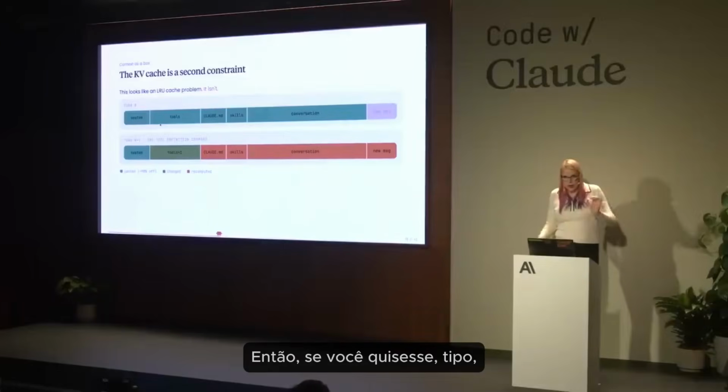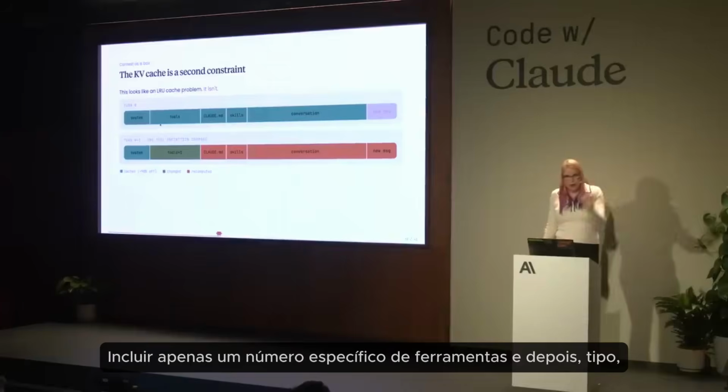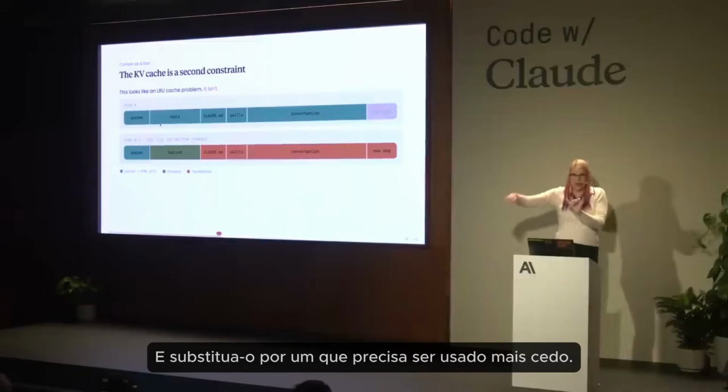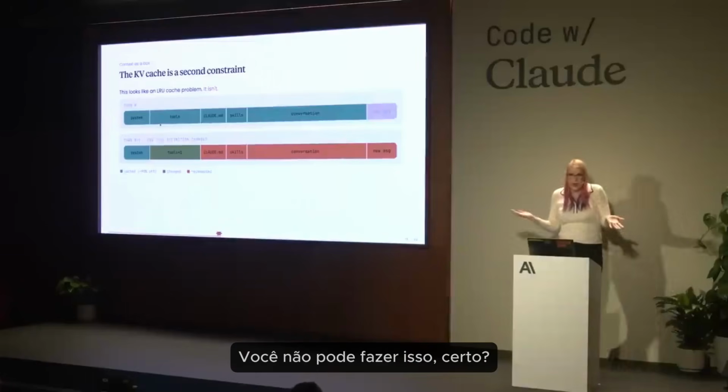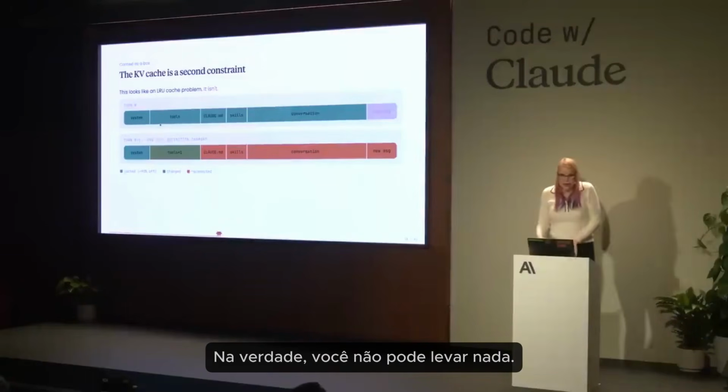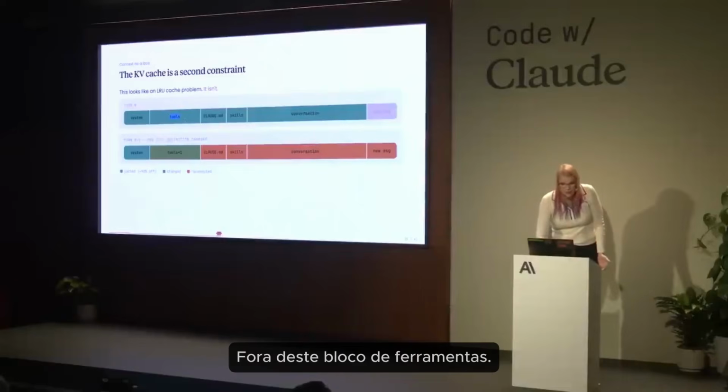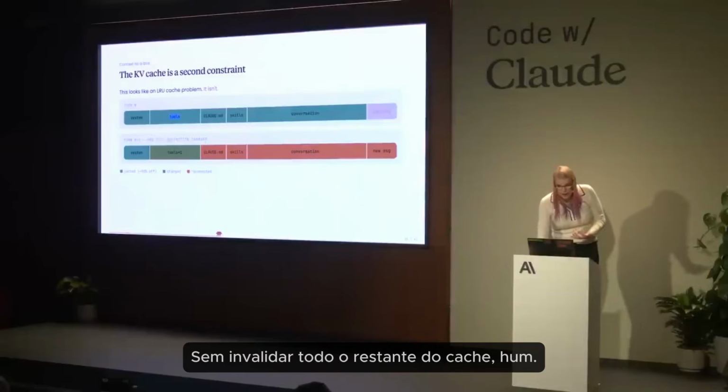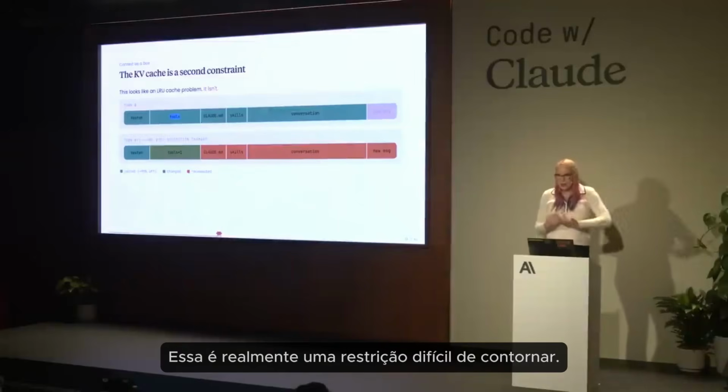So if you wanted to only include a certain number of tools and then evict one that hasn't been used and replace it with one that needs to be used sooner, you can't do that, right? You can't actually take anything out of this tools block without invalidating the entire rest of the cache. And that's actually a really hard constraint to work around, right?